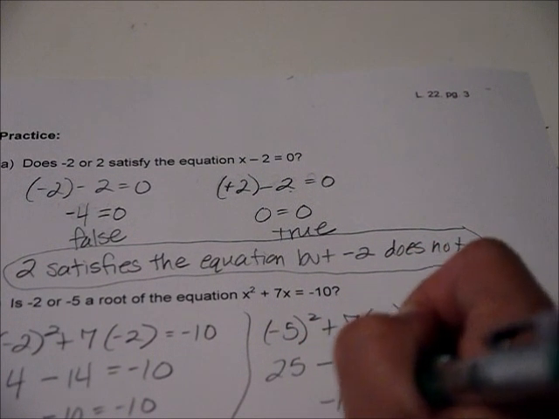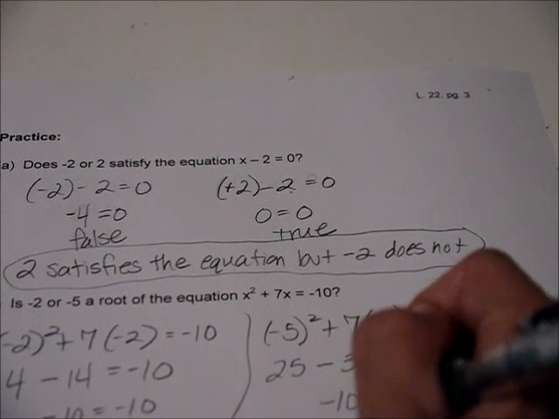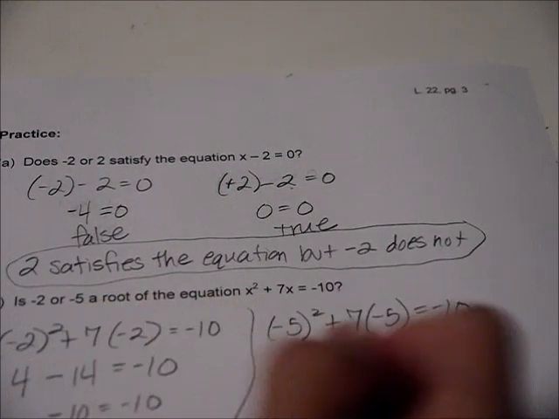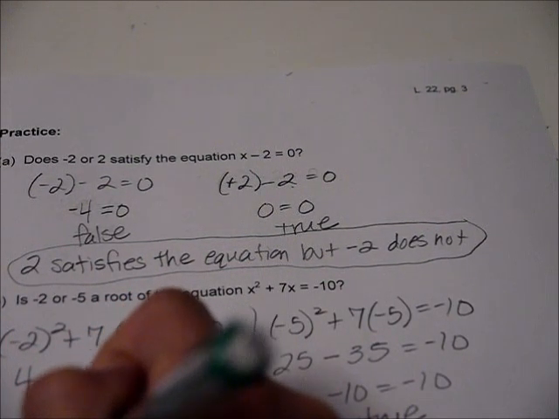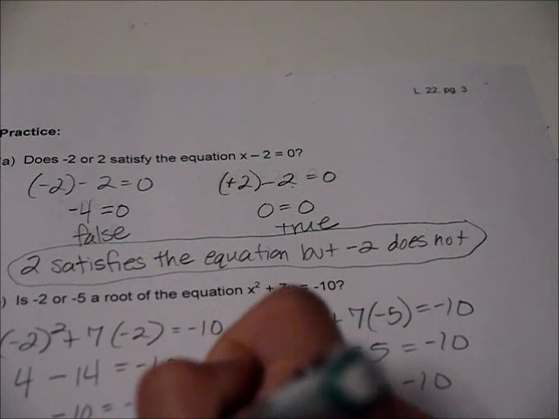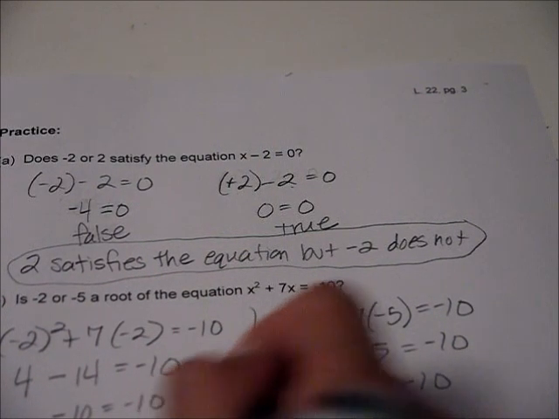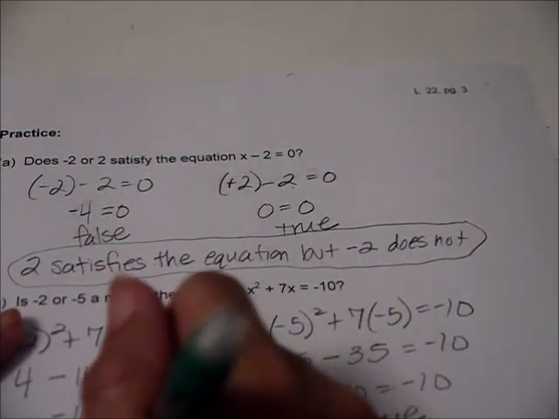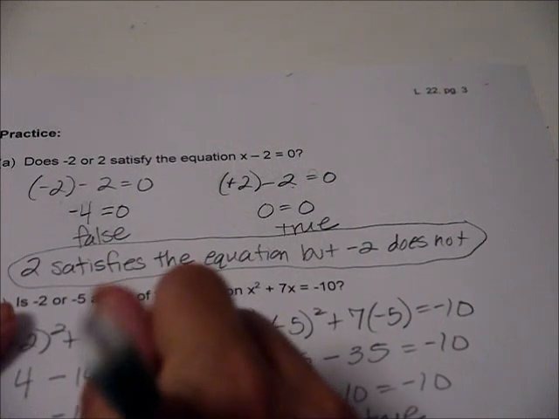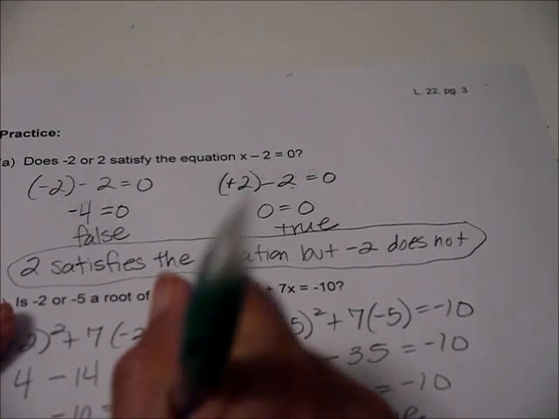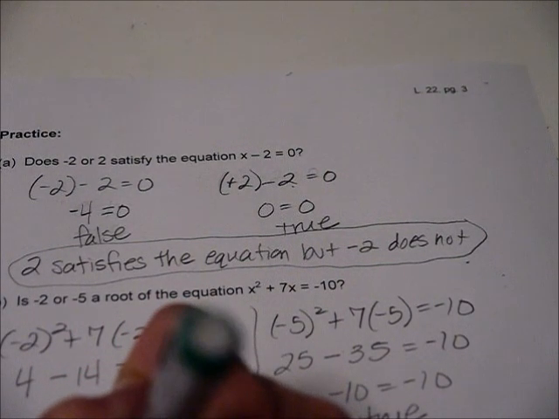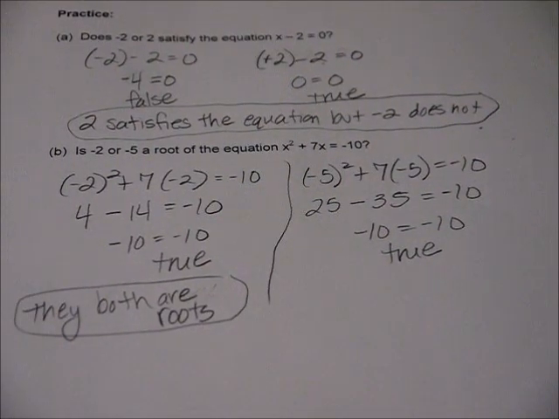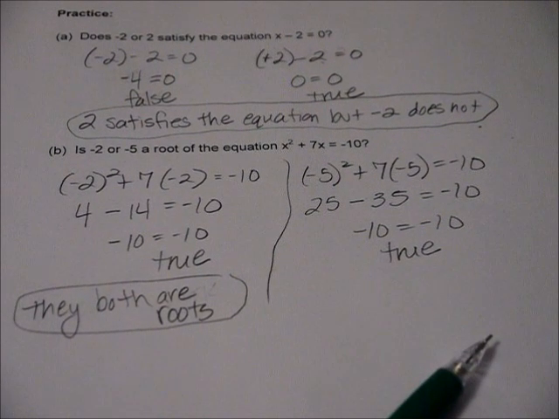It looks like that one works too. So I would even take this as a teacher. They both work. Or no, they asked if it's a root, so you could say they both work, because I'll know what you mean, and any other math person would know what you mean. But let's say they both are roots. Okay? That's it.